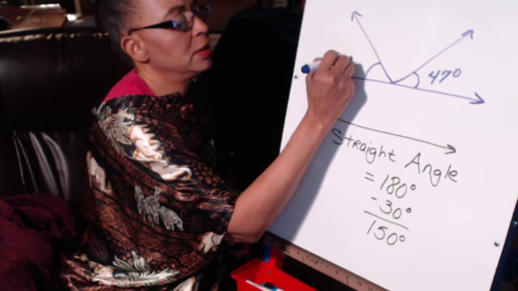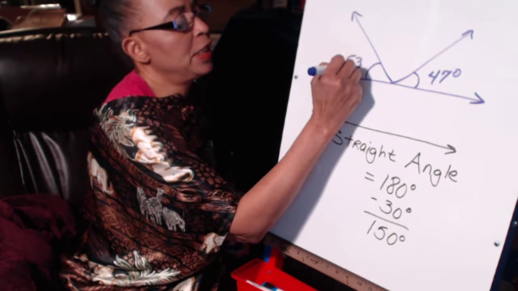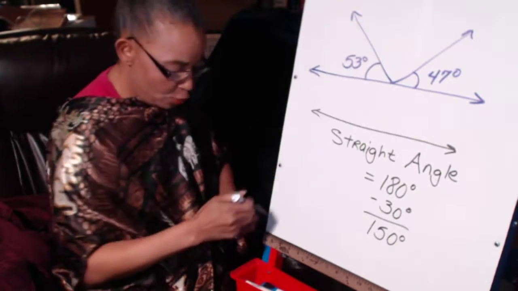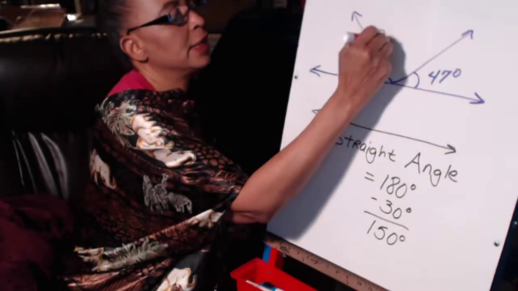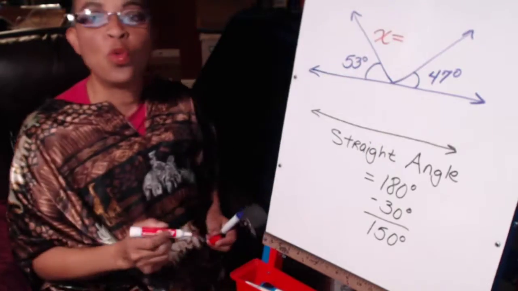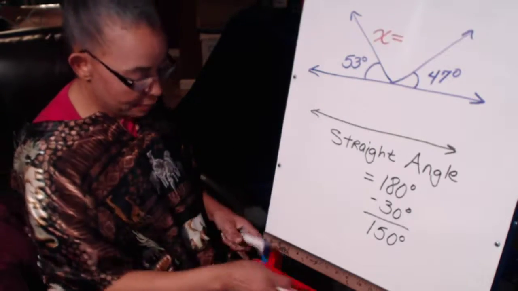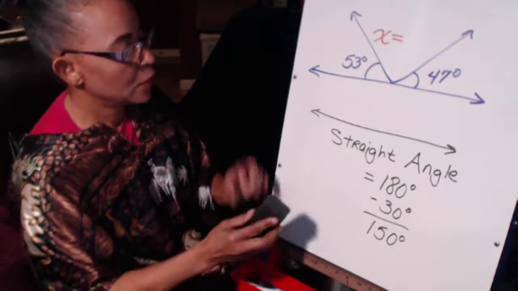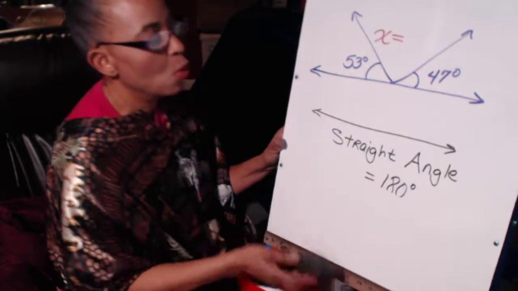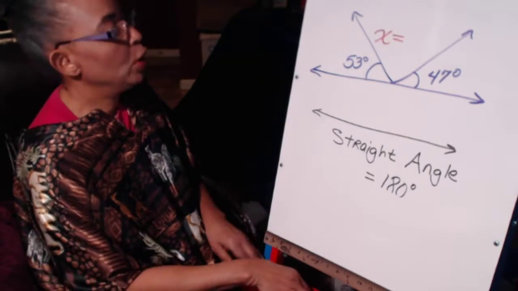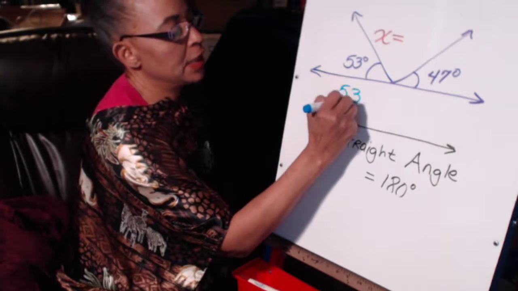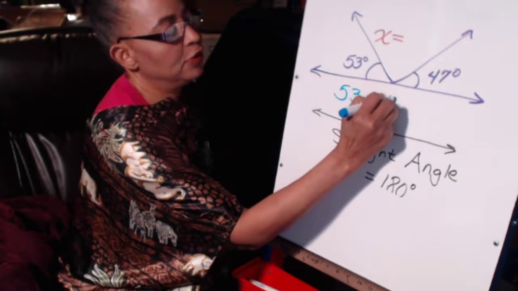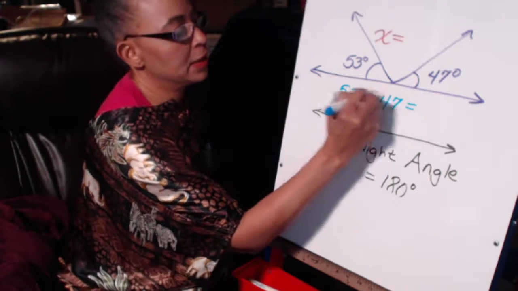This is 53 degrees. And we need to know x equals what? We need to know what that measure is. So what would we do? We would take the 53 degrees and we would add that to the 47 degrees.